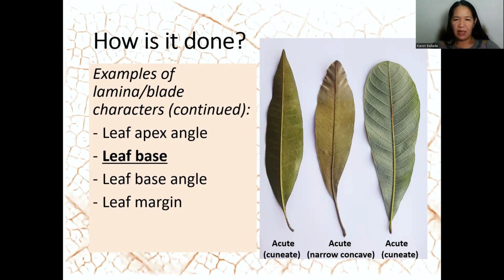Okay, so sometimes if there is no particular curving, there are also other terms that you can use there, for example, straight. Ibig sabihin, it means that the leaf base does not show any curvature, so straight. And then the angle is less than 90 degrees, which is why they are considered to be acute.